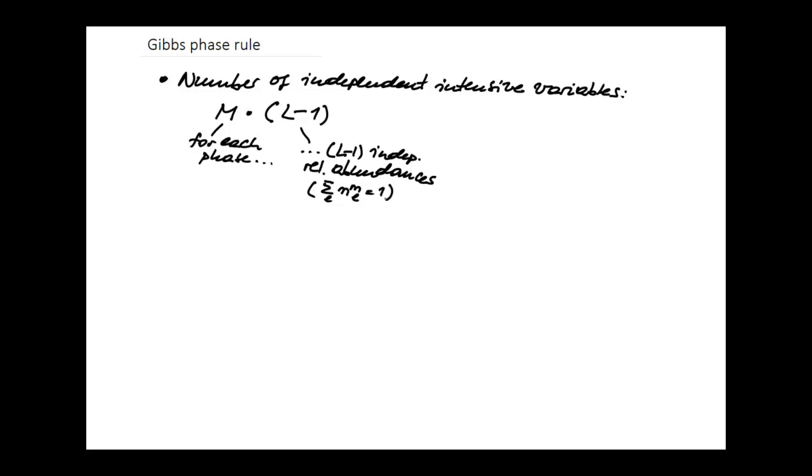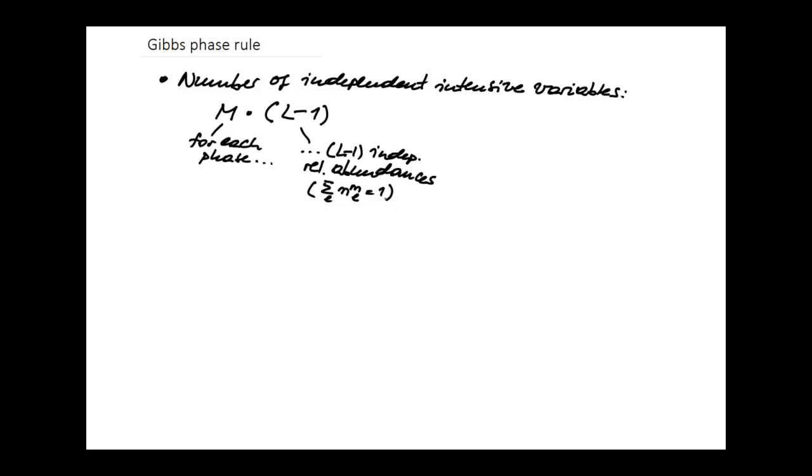And each of these independent relative abundances is an intensive variable. So we have L minus 1 independent of these for each phase. We have m phases. So this gives us m times L minus 1 independent intensive variables relating to the concentrations of the different molecules in the various phases.